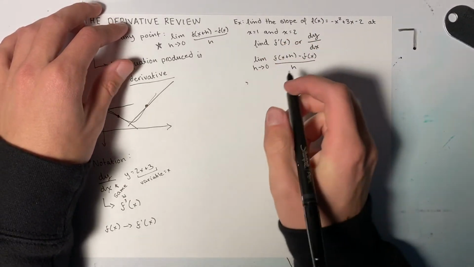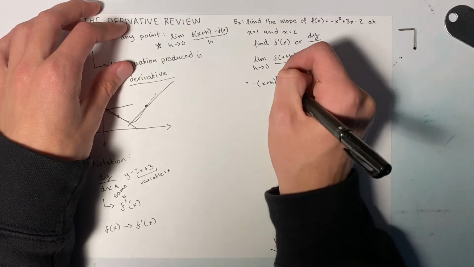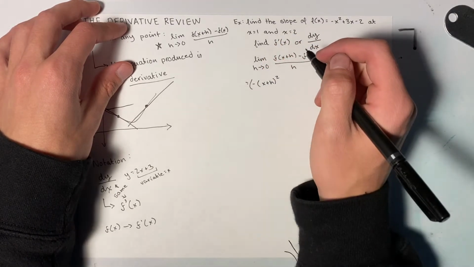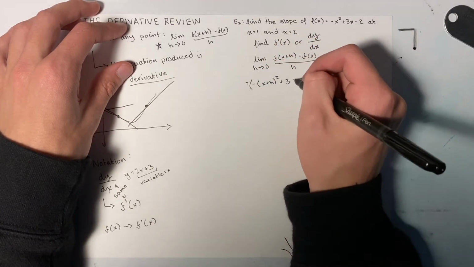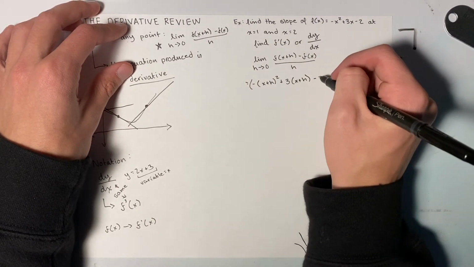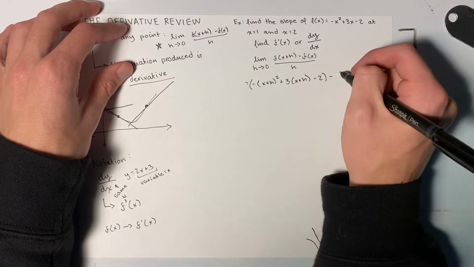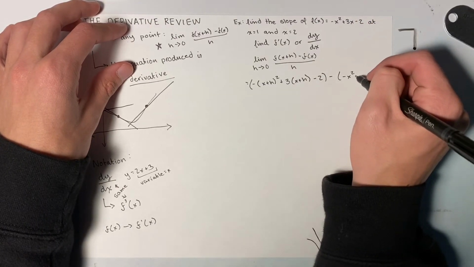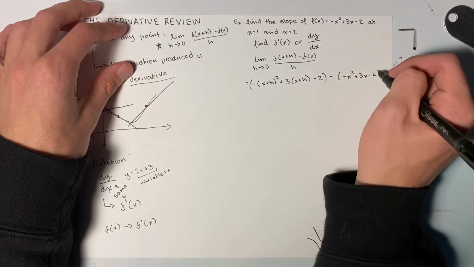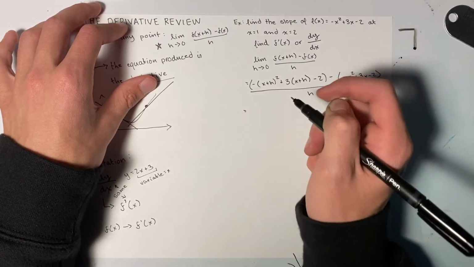So we're going to do this. We're going to get negative (x plus h) squared. I'm going to put parentheses in front of this. Plus 3(x plus h) minus 2 minus (negative x squared plus 3x minus 2) divided by h. So we can simplify this.